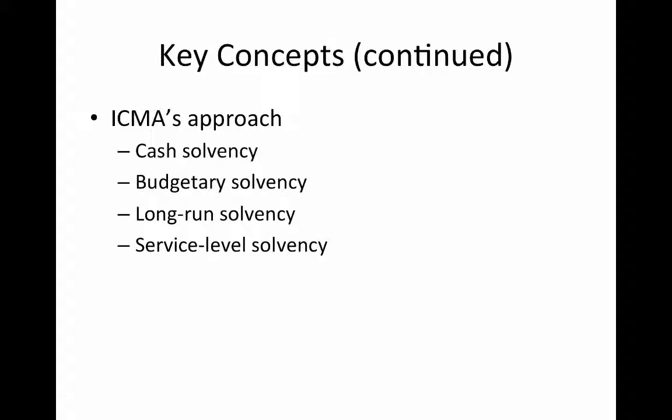Then looking much further into the future, will they be viable in the long run? And then, are they able to provide the services that are required? Do they have the financial and non-financial resources necessary to meet service demands?